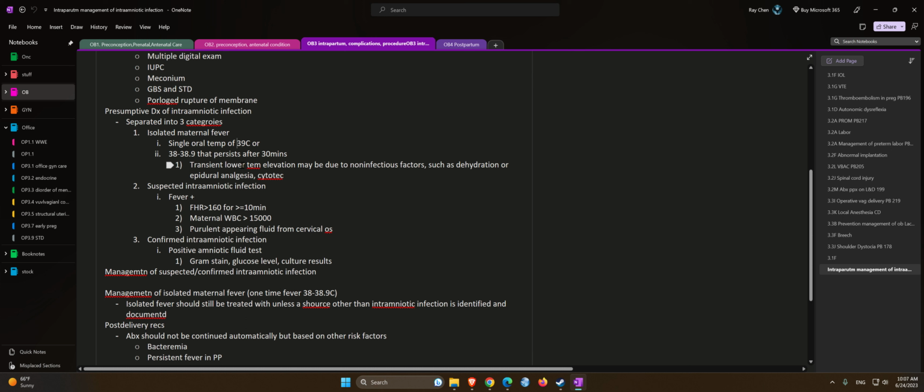How do you diagnose intraamniotic infection? It's usually separated into 3 categories. Number 1 is isolated maternal fever with single oral temperature of 39 degrees Celsius or 38 to 38.9 that persists after 30 minutes.